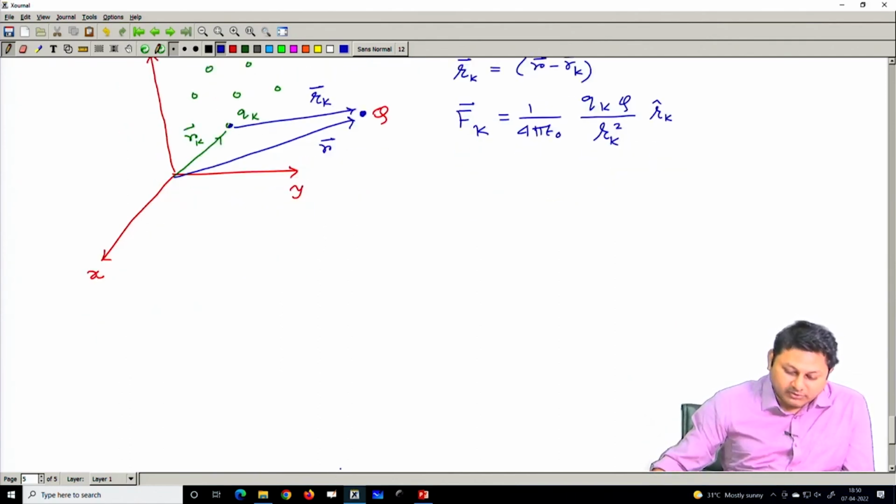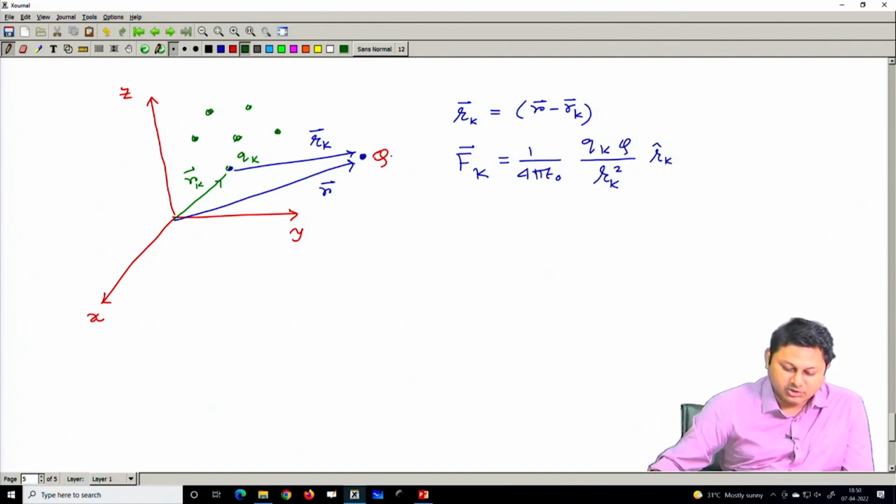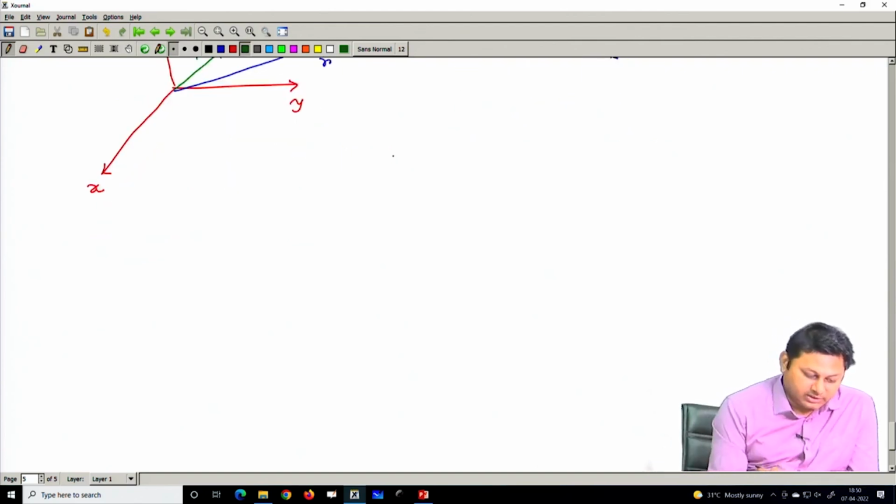Okay, now the total force, because there is not only one charge, other charges are also sitting here. So if I want to find the total force on this test charge q, then the total force F total should be the vector sum of all the forces.